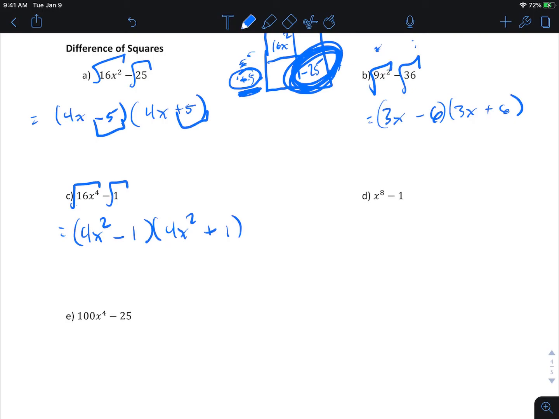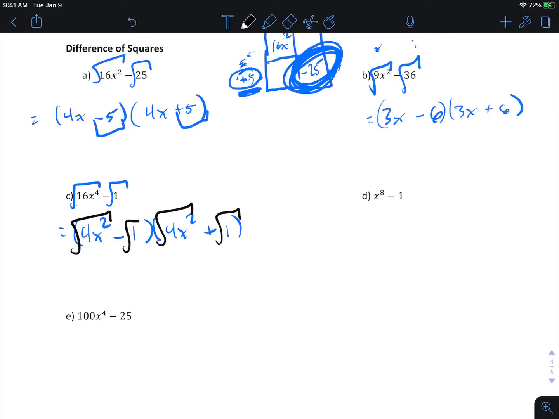Now, are these not difference of squares in themselves? So we do it again. Square root the first, square root the last. What if you can't square root, like if the first number is 49?